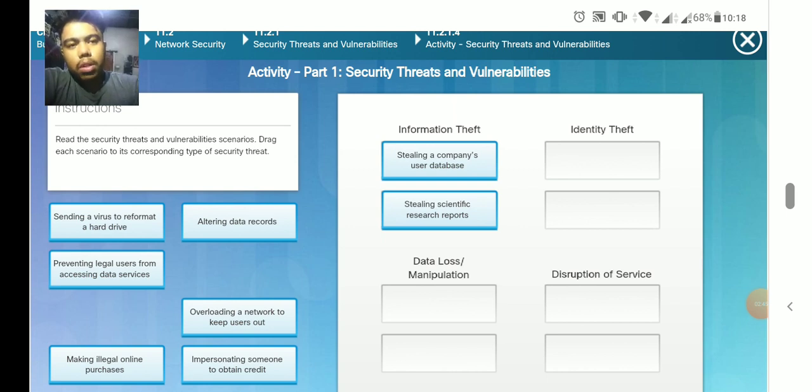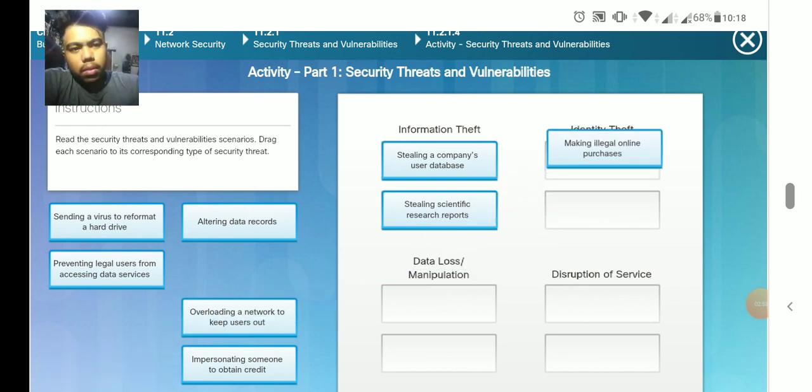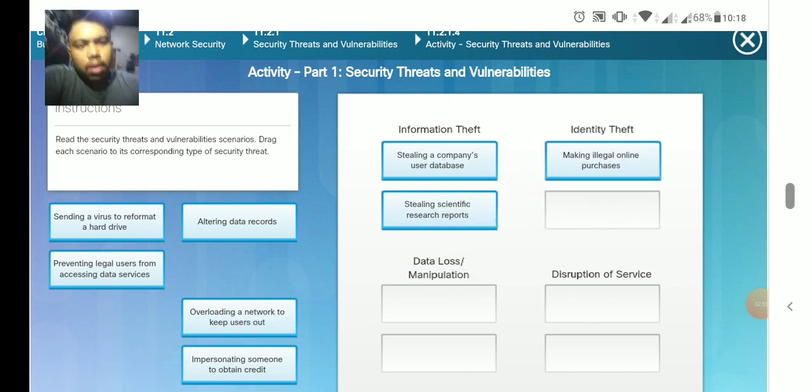Then for identity theft, we have making illegal online purchases. It is considered identity theft because it uses the identity of others, making purchases not only online but also in physical purchasing.